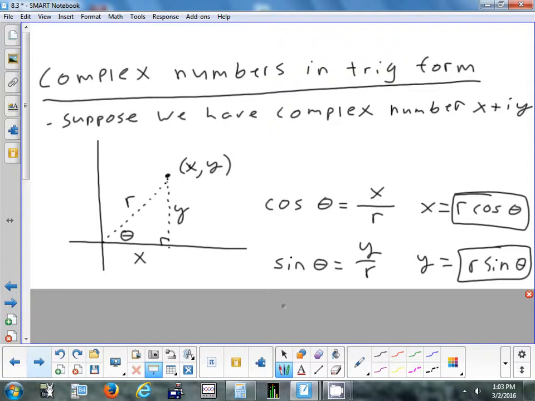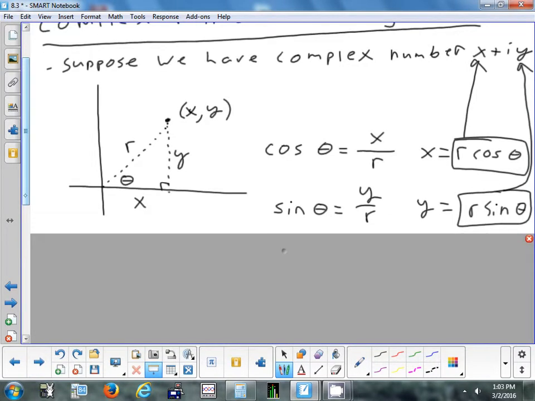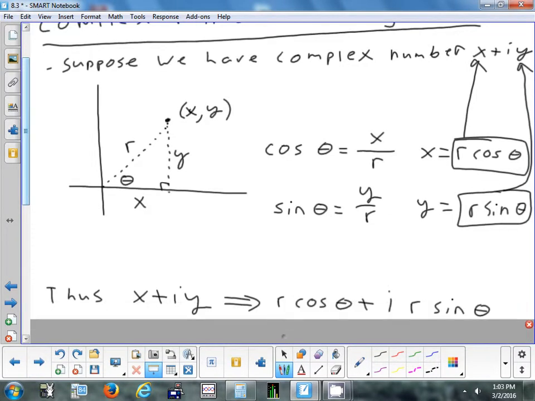Now we're going to plug in that for x and plug in that for y. And that's basically going to give us the trig form of a complex number. So now instead of x plus iy, we've got r cosine theta plus i r sine theta.